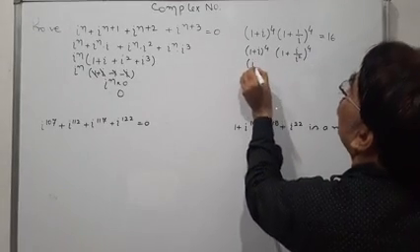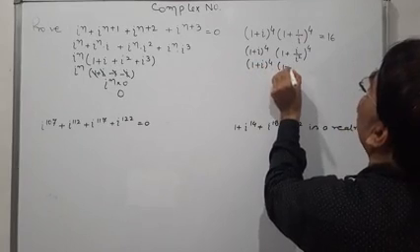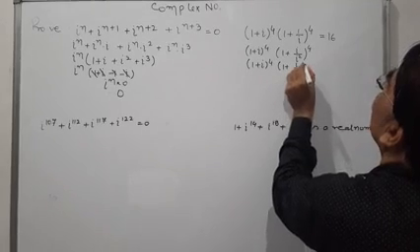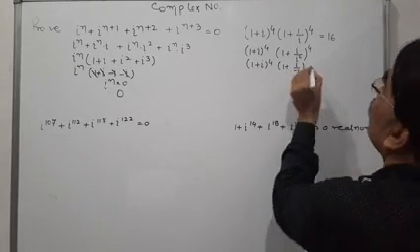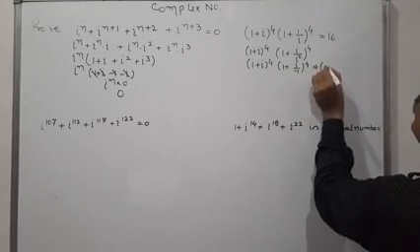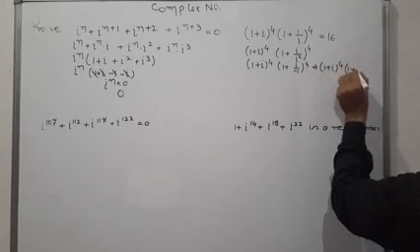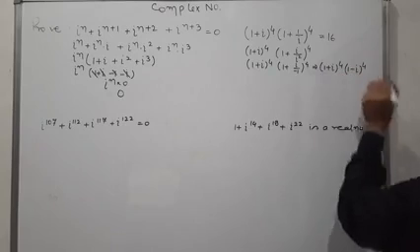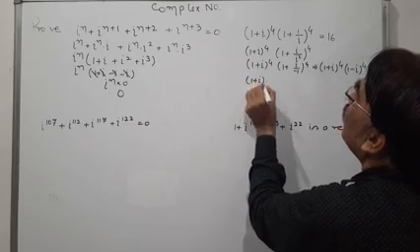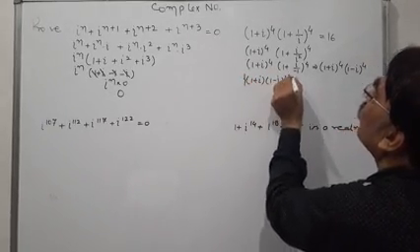So we can write (1 plus i) to the power 4 and here (1 minus i) to the power 4, and we can write it as (1 plus i) to the power 4 into (1 minus i) to the power 4. Now we can write it as (1 plus i into 1 minus i) to the whole power 4.